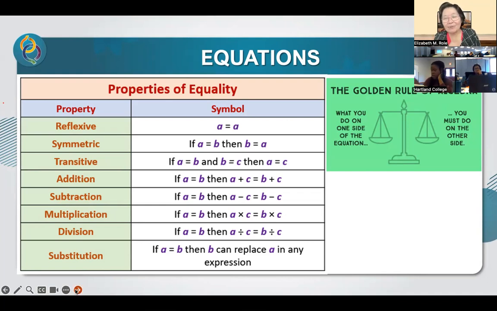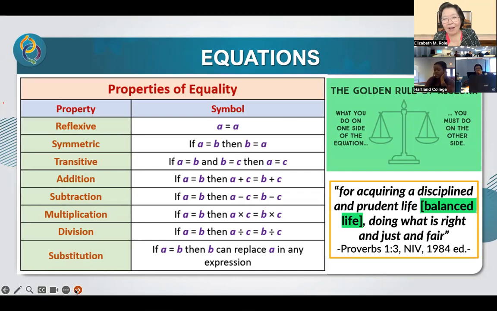And so I just would want to share a Bible verse from Proverbs 1:3, the 1984 edition of the New International Version. I just love this translation here. And it says, for acquiring a disciplined and prudent life. And I would like to say that when your life is disciplined and prudent, then that is a balanced life, doing what is right and just and fair.